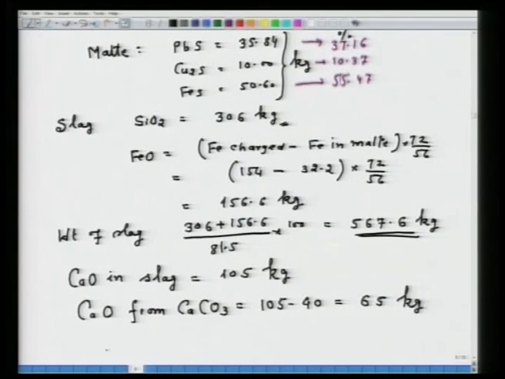So, as such, amount of CaCO3 will be equal to 116 kg.